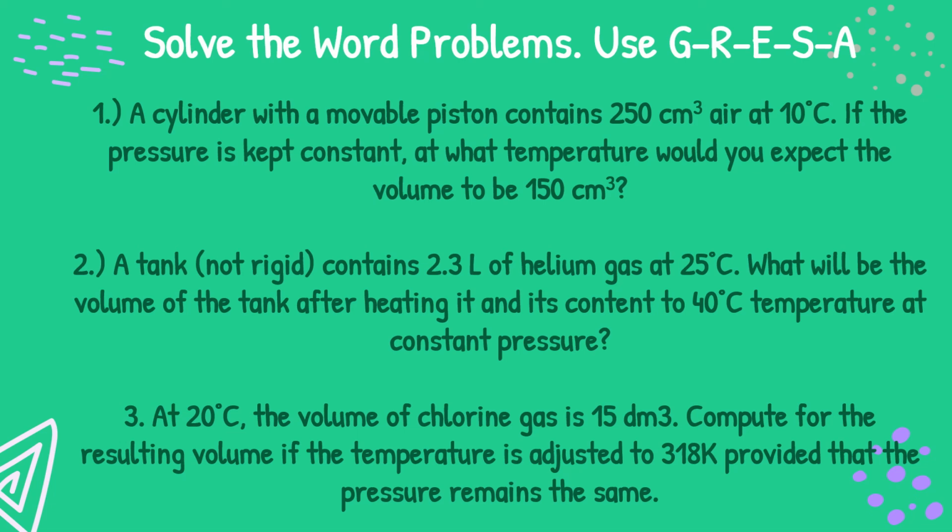Compute the resulting volume if the temperature is adjusted to 318 Kelvin. As you can see, we have two different units for the temperature, so always convert Celsius into Kelvin. Then provide that the pressure remains the same.